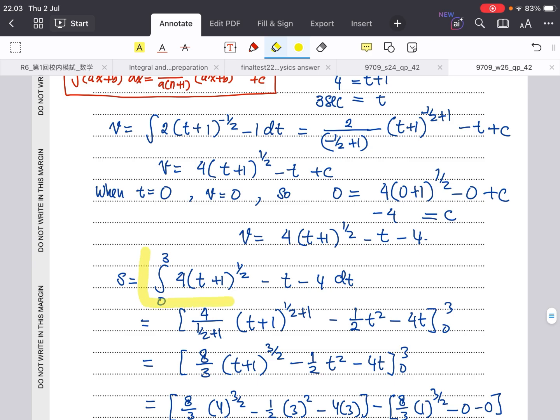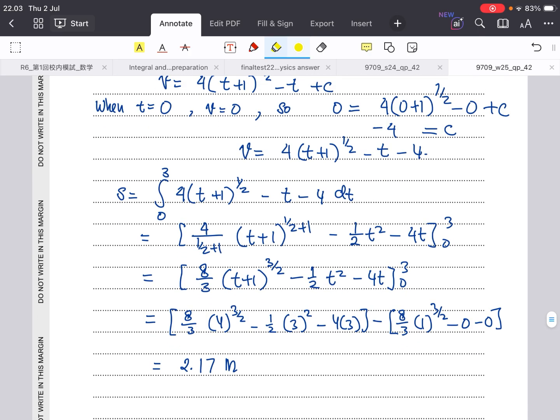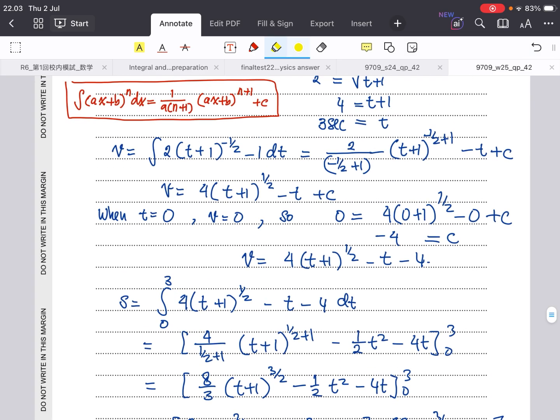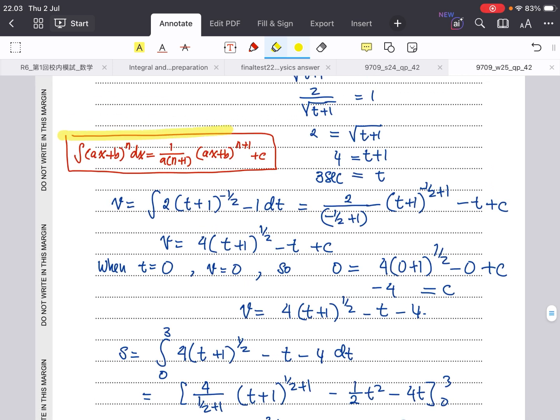So use this definite integration. And then to do the integration for this part, again, we'll be using this formula.